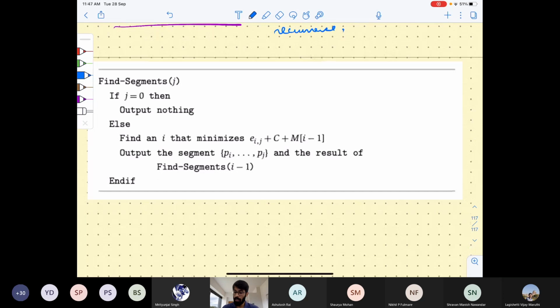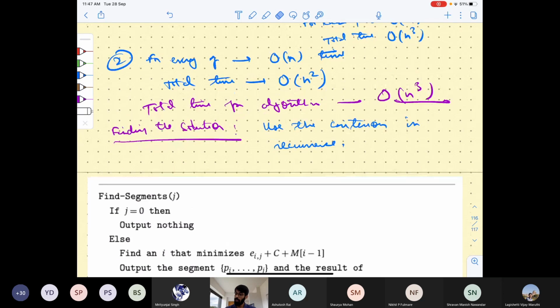And what is that? Again, let's do it for the sake of completeness. So we do the find segments. Now we already have this array mj, right?